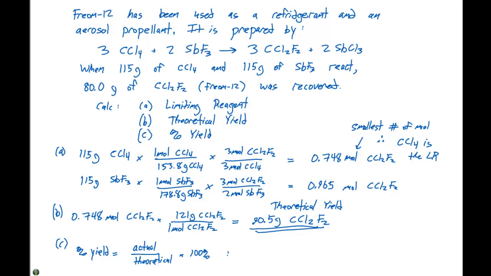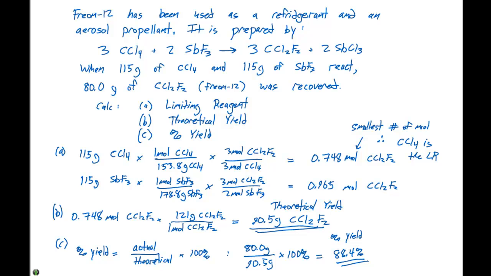For this particular problem, the actual yield we determined in the lab was 80.0 grams, divided by 90.5 grams, which is the theoretical yield, times 100%, is going to equal 88.4%. And this is our percent yield. So that answers part C of this particular question.